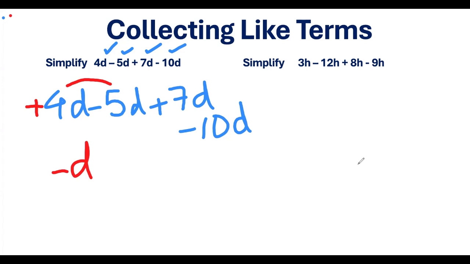Only D means 1D. And the sign of the bigger integer will come. What is the bigger integer? 4 or 5? 5 is bigger. 5 has a negative sign, so the minus sign comes in the end.